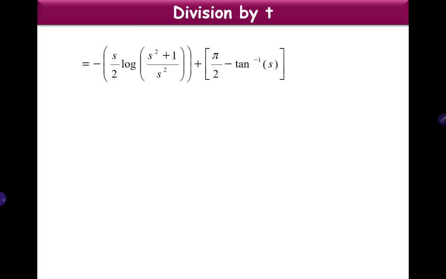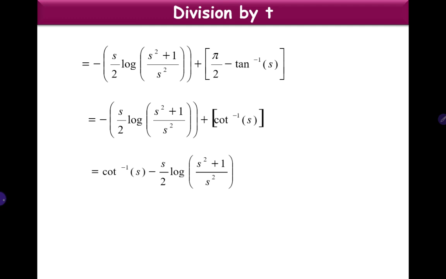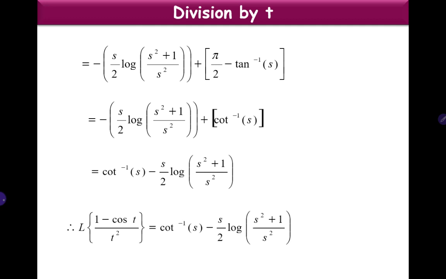And we know that tan inverse s plus cot inverse s is pi by 2. Therefore, pi by 2 minus tan inverse s can be written as cot inverse of s. So finally, we get cot inverse s minus s by 2 into log of (s square plus 1) by s square, which is the Laplace transform of (1 minus cos t) by t square.